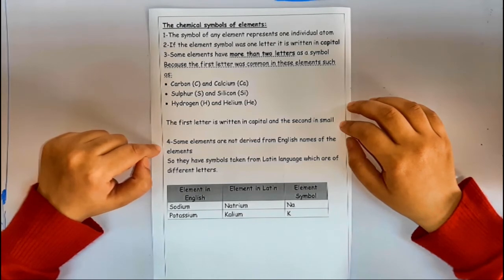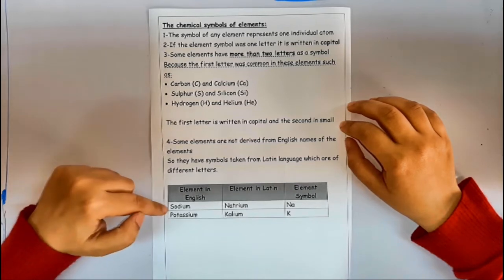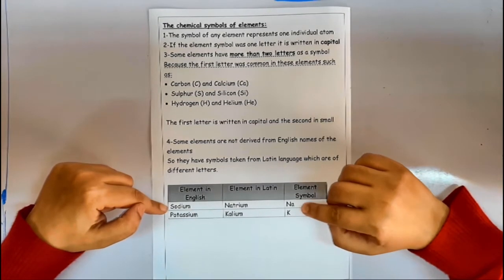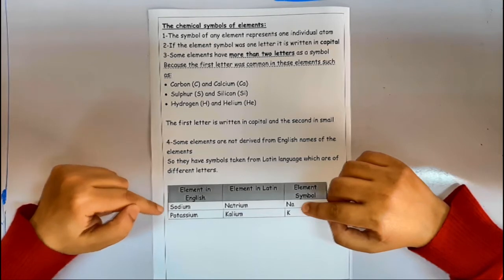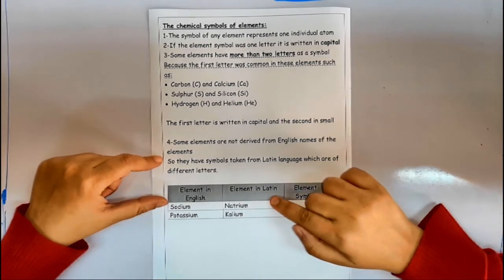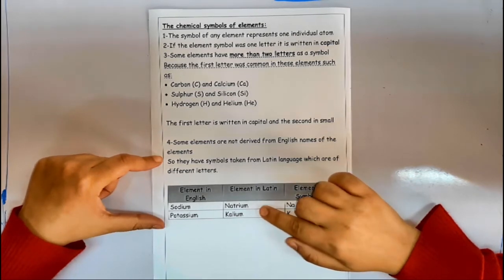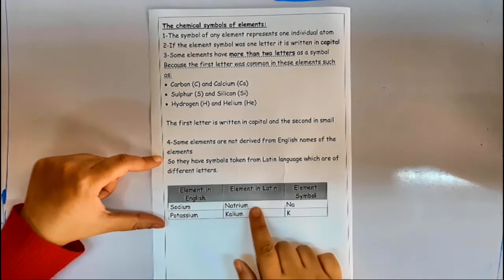But we notice that some symbols of the elements are different from their names, like sodium. Sodium, its symbol is Na. Why? Because these symbols are not taken from the English language. They are taken from the Latin language, which is different from English. The name of sodium in Latin is natrium.